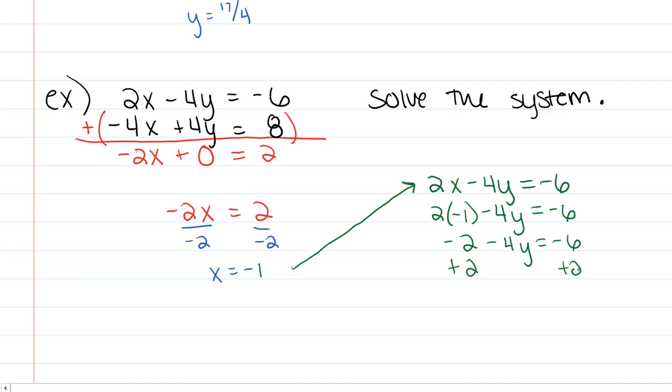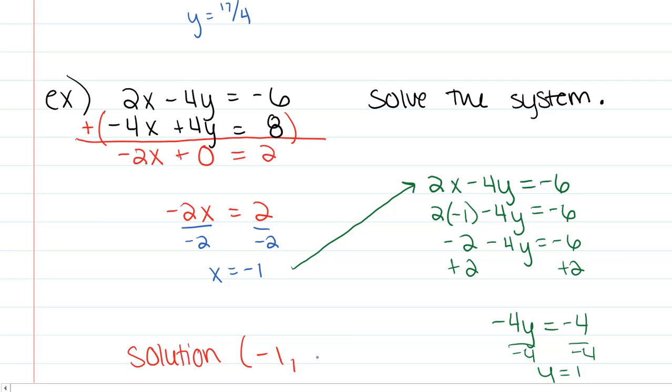Add 2 to both sides, and we're going to finish up solving for y. And we get y equals 1. Again, I circled it, but the actual solution here is negative 1, 1.